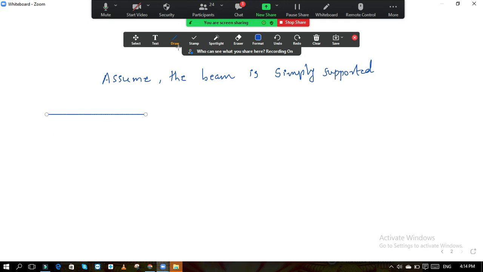Now here first I will assume the beam is simply supported, as no condition is given in the problem. So now if we consider this simply supported beam, and this is the support.